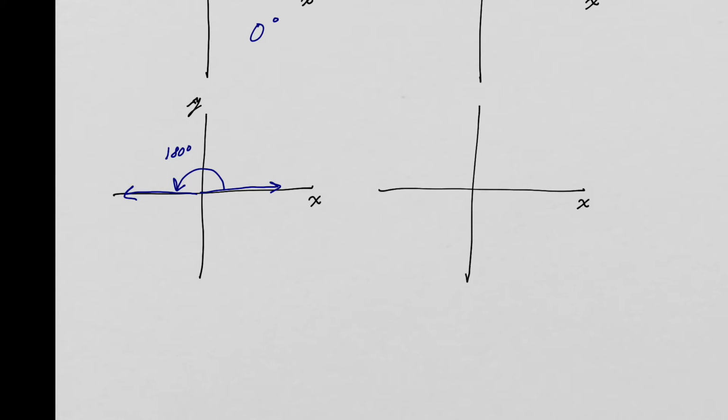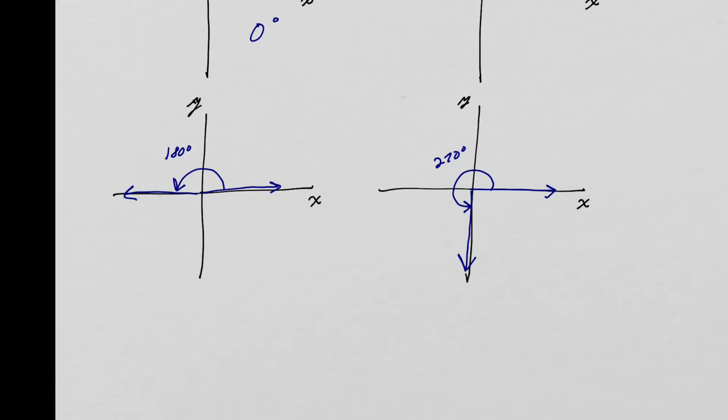And then if I have the initial side on the positive x, and then the terminal side on the negative y, then this angle from there to there is 270 degrees.